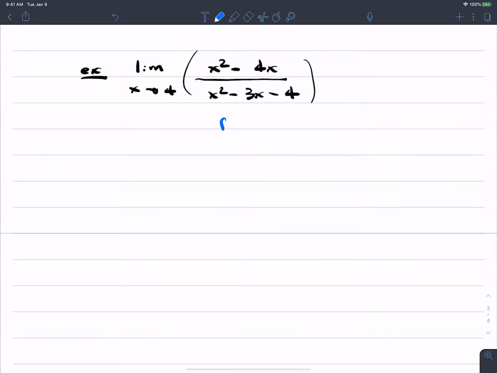And so let me look at some more. How about a couple of these here? I'll try this. The limit as x goes to 4 of (x squared minus 4x) over (x squared minus 3x minus 4). Here's a function.